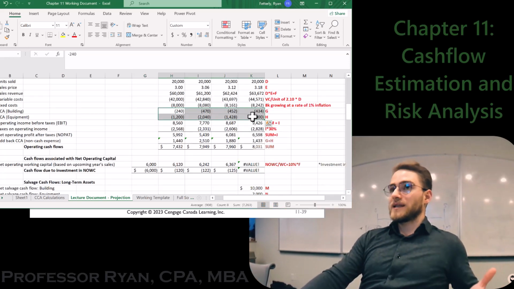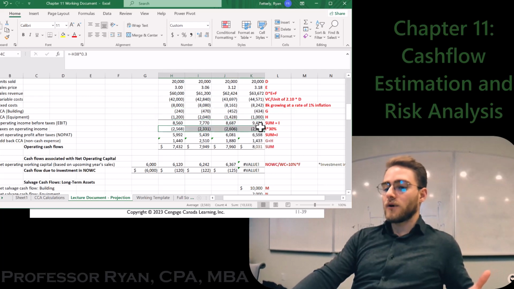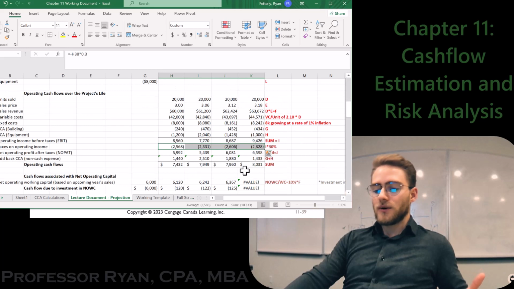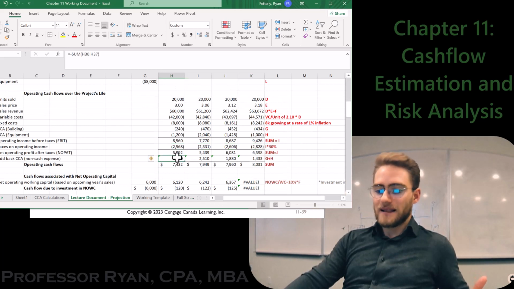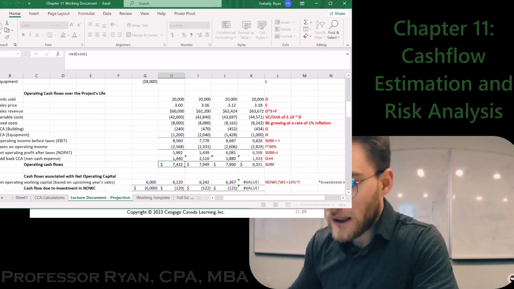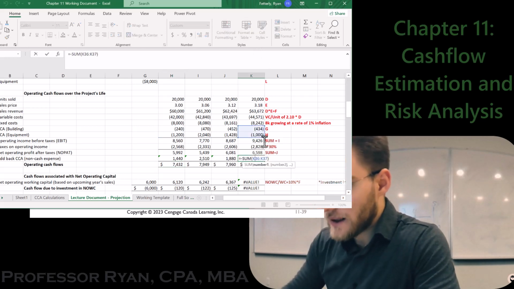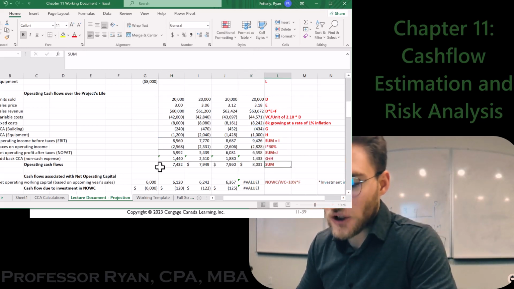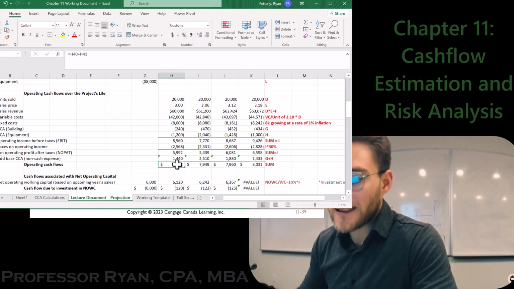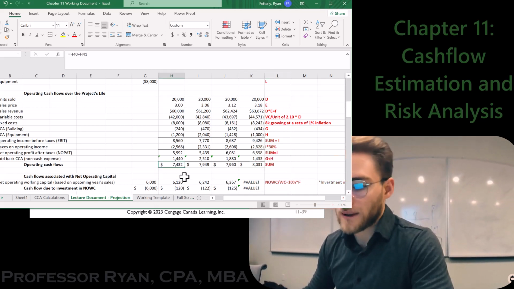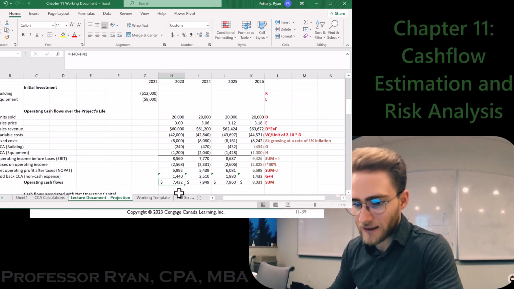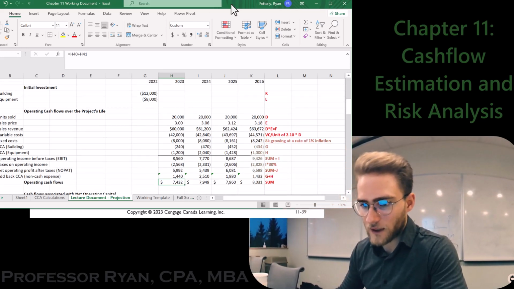These are deductions for tax purposes so that I can accurately forecast my taxes, okay? So in this case, what I do is I add back the CCA. So I add these together and I add back my CCA because they are non-cash expenses. And what I get at the end is operating cash flows. So this is the total operating cash flow that the project's going to generate. So in 2023, the project generates $7.43 million.